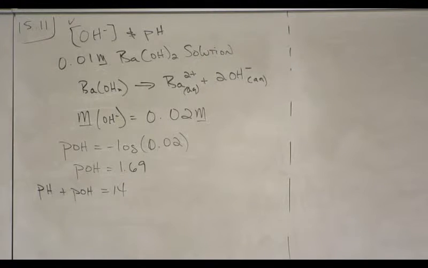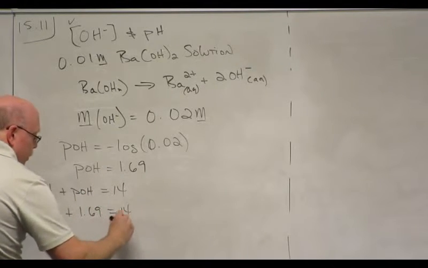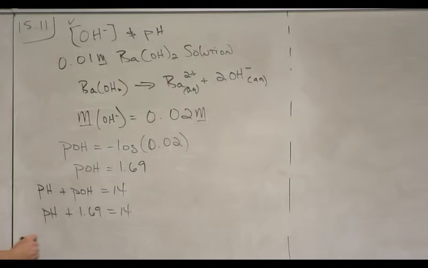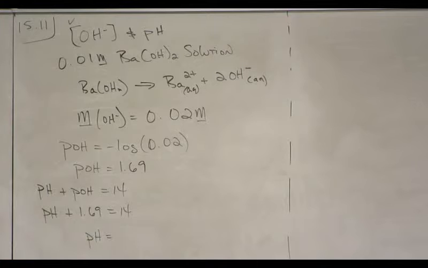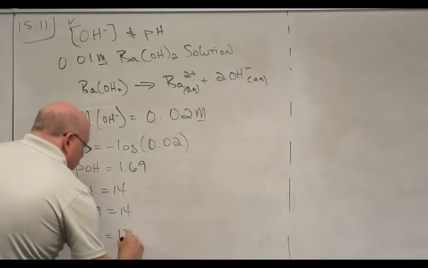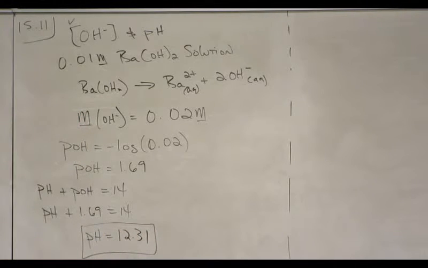So if I know the pOH, pH plus 1.69 equals 14. Subtract it, you get a pH of 12.31.